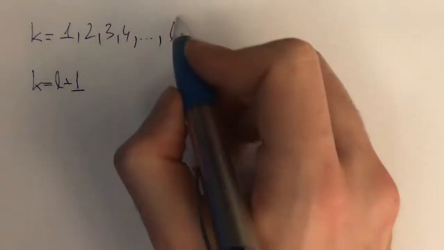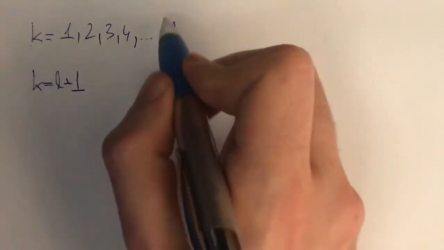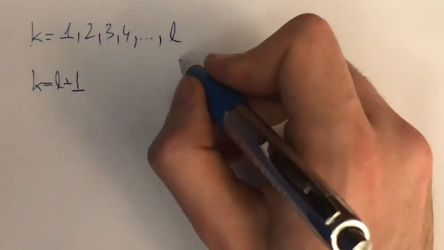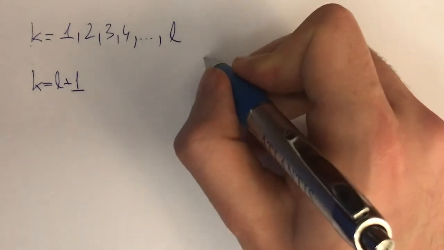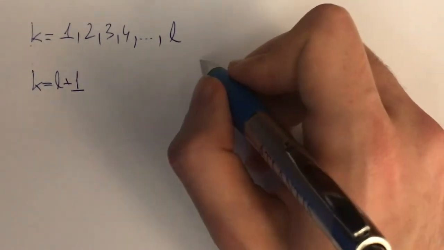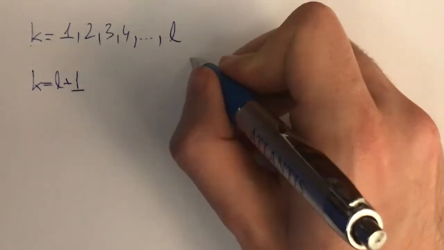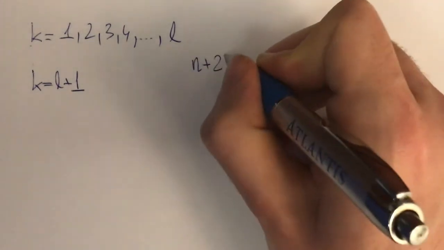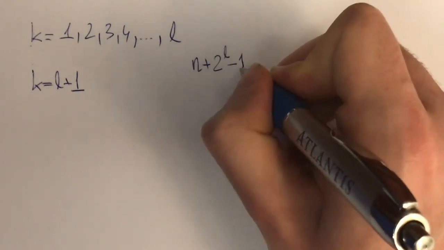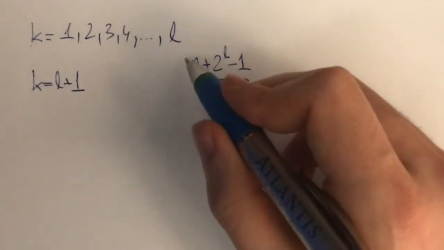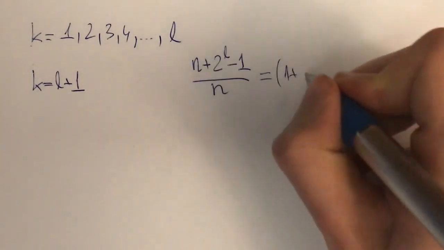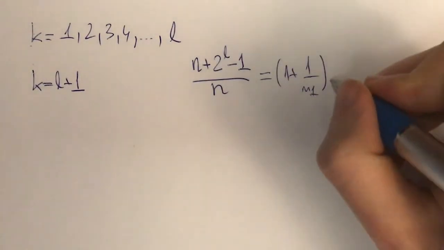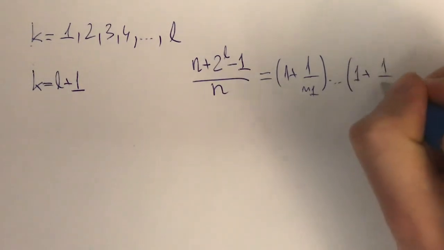Let's recap: what does it mean for the claim to be true for k equals L? It means that there are L integers, m1, m2 up to mL, such that (n plus 2 to the L minus 1) over n can be written in the form we want, 1 plus 1 over m1 all the way up to 1 plus 1 over mL.